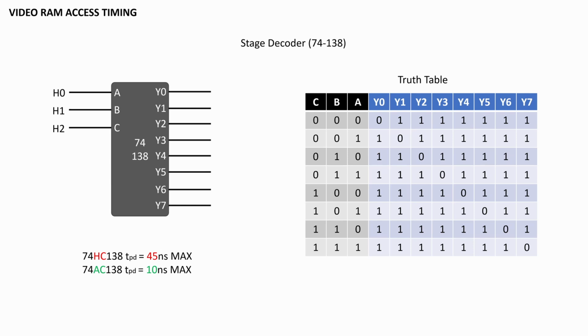Now the first chip in our little chain as we run across the circuit from left to right is the stage decoder, the 138 chip. That has in its inputs the horizontal counts, the bottom 3 bits of the horizontal counter, bits 0, 1, and 2.